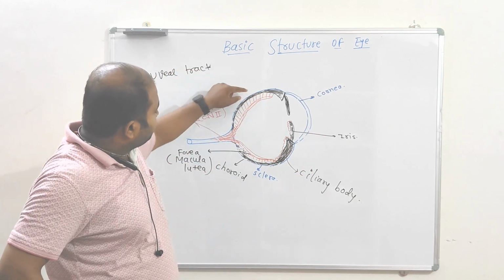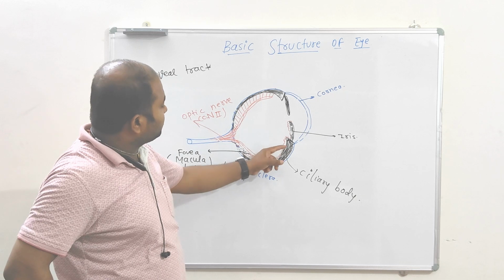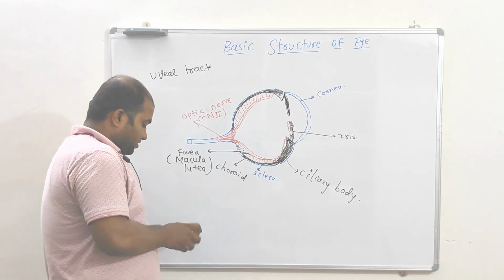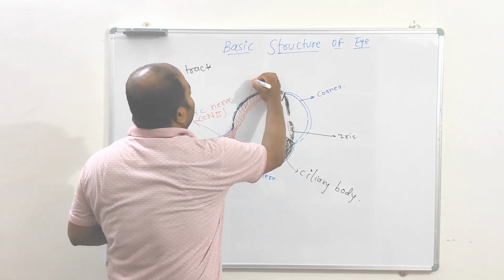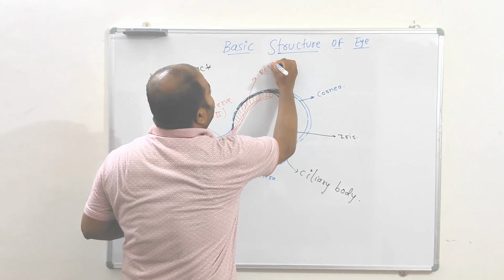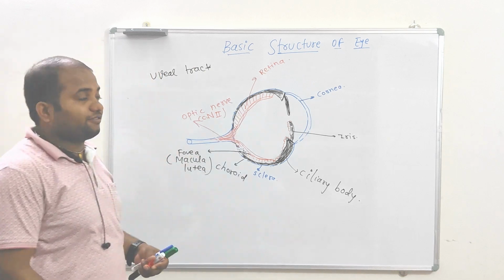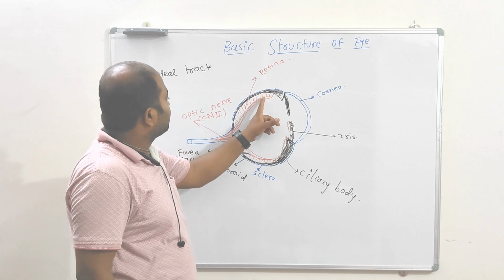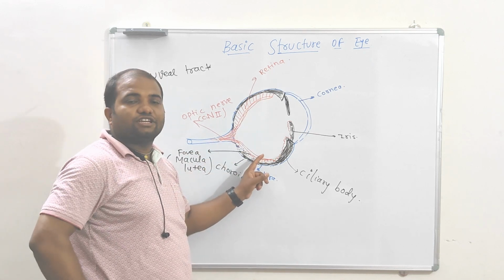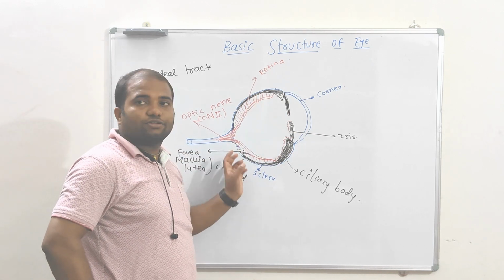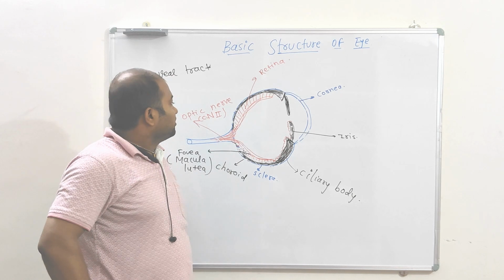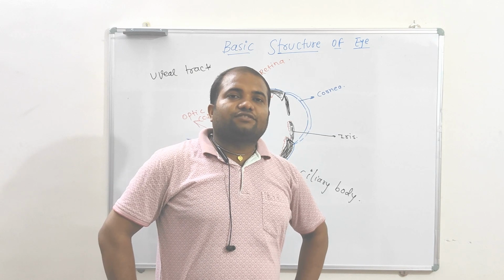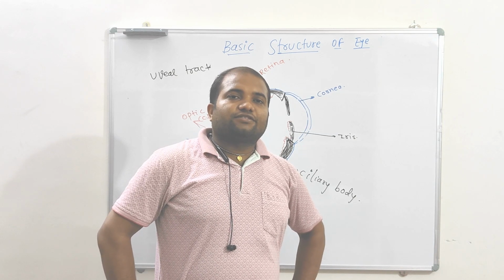The inner layer of the eye is the retina, and I will label it. This is retina. Now I will give the one-word function for this inner layer: retina helps in the formation of image. I have told the functions for the outer and middle layers. So this completes the structures of the eye, or the walls of the eye, or the layers of the eye.